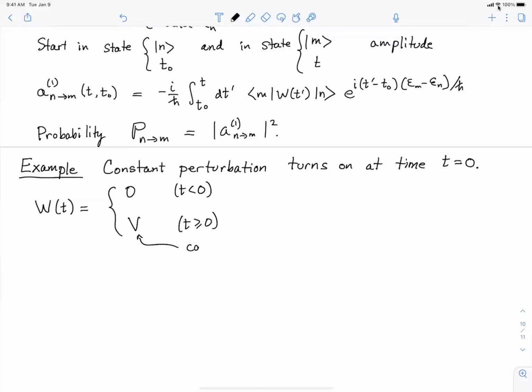It can be any arbitrary operator as long as it's constant. Okay, but no time dependence. The time dependence is entirely in this step function turn on. And I guess there's one other property that it has to satisfy. If it's going to be part of the Hamiltonian, it should be Hermitian.